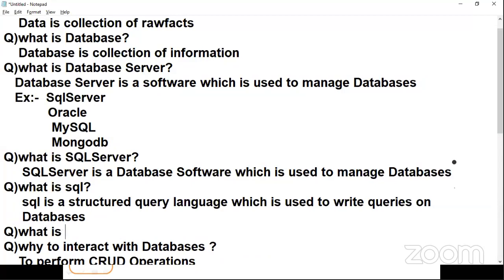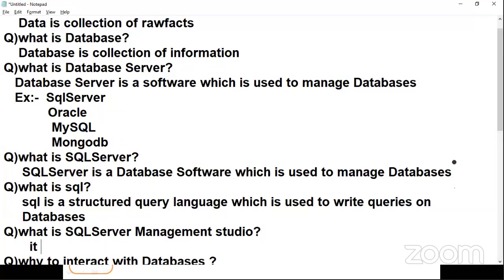What is SQL Server Management Studio? It is an editor. It is an IDE. IDE means Integrated Development Environment. Or simply you can write, it is an editor which is used to write queries.